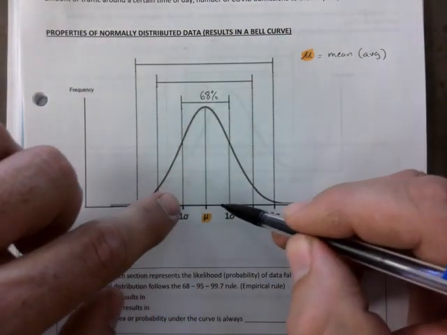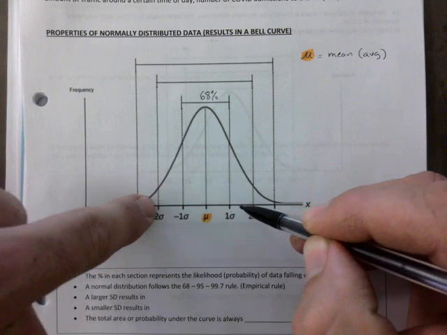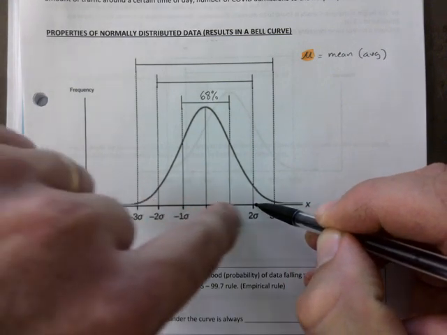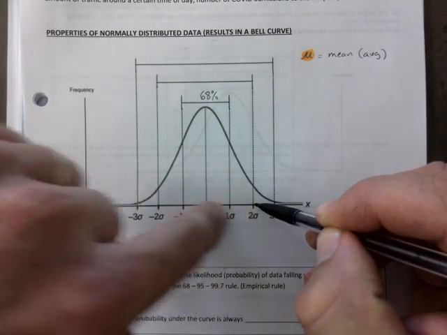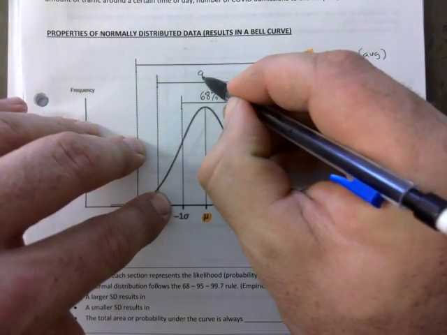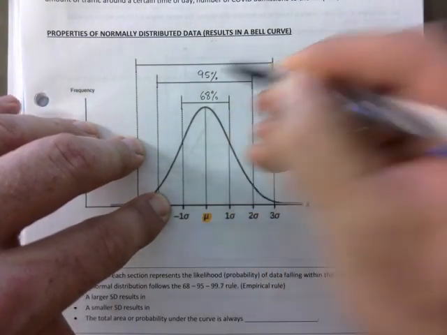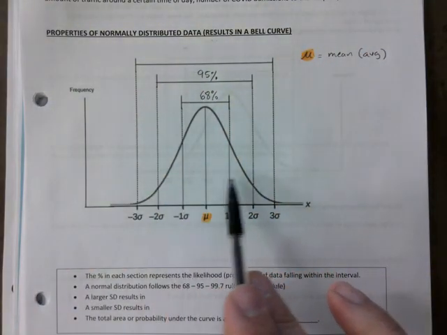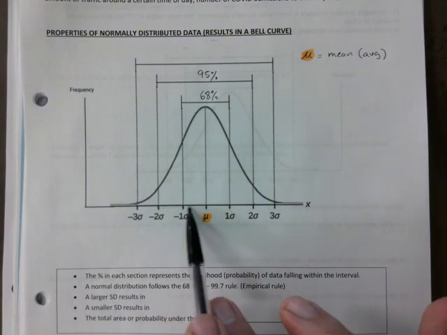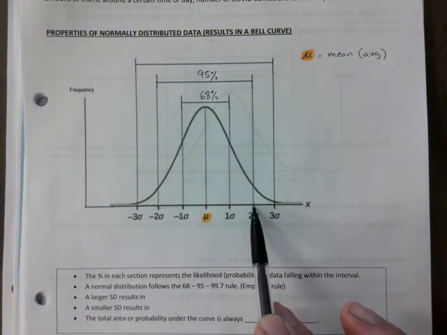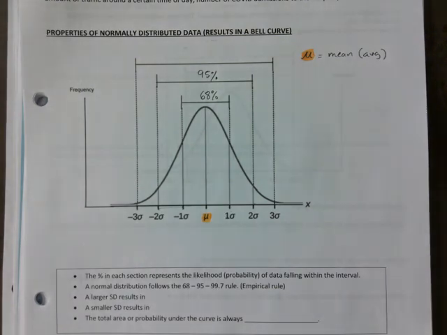If you go one standard deviation and then another one, so within 2 standard deviations, there's a 95% chance that you would fall anywhere between here and here. Okay.